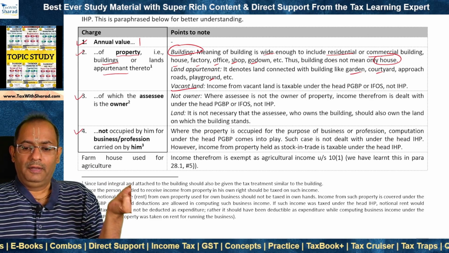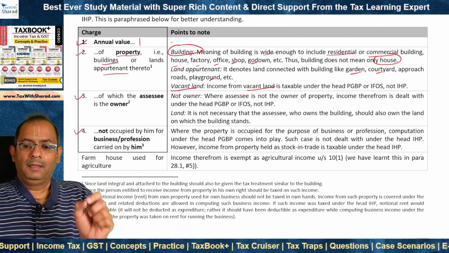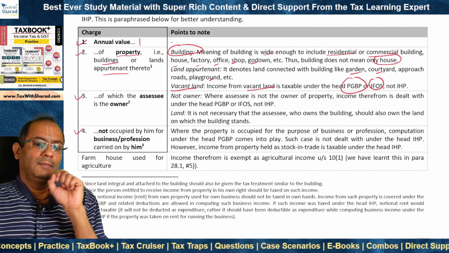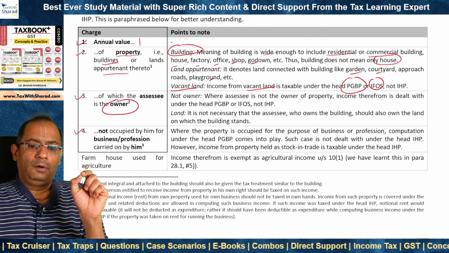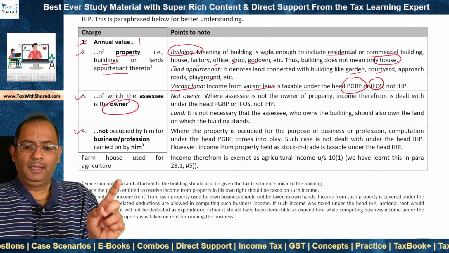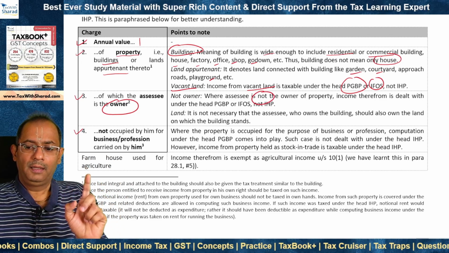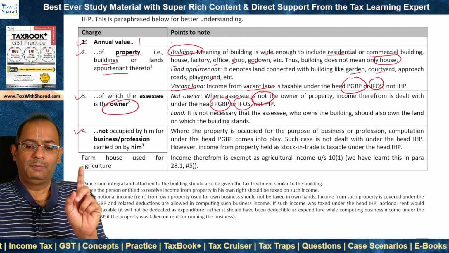As far as income from vacant land is concerned, it is not taxable under the head IHP, it is taxable under the head PGBP or IFOS. The condition is that the assessee should be the owner of the property. Only then the annual value is chargeable under the head IHP. So where assessee is not the owner of the property, income is dealt with under the head PGBP or IFOS but not IHP.